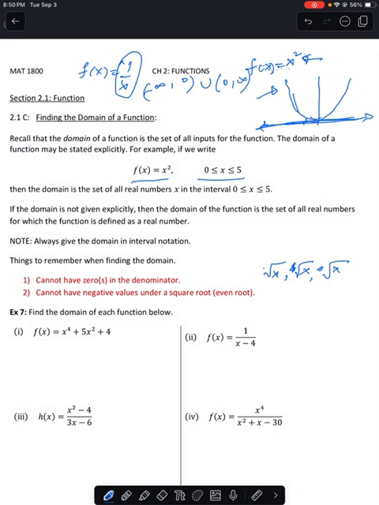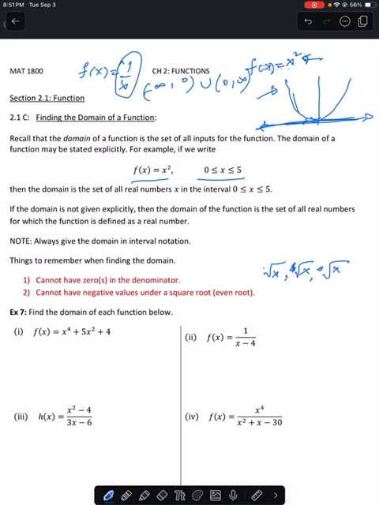So what do we do? When you are finding the domain, you have to be alert or cautious. You have to know what type of function you are looking at. In this case we will be working with 3 kinds of functions.